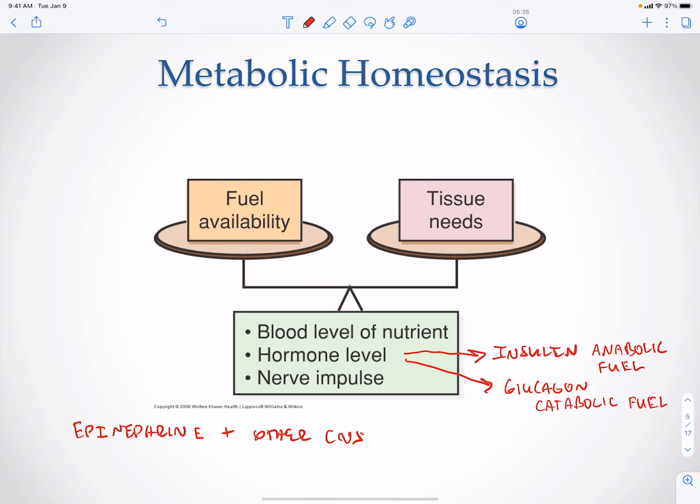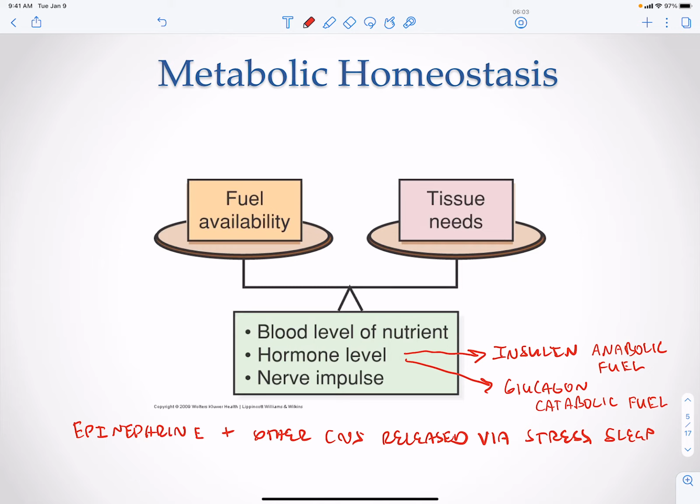And these are going to be released via things like stress. It can be sleep rhythms. It can be hypoglycemia.